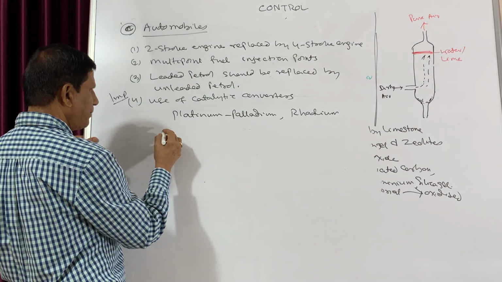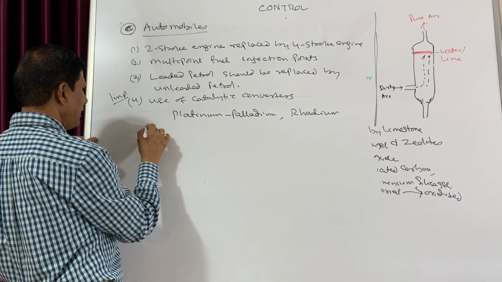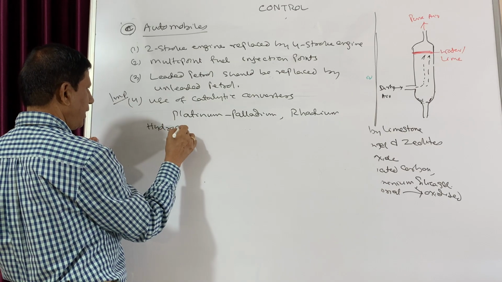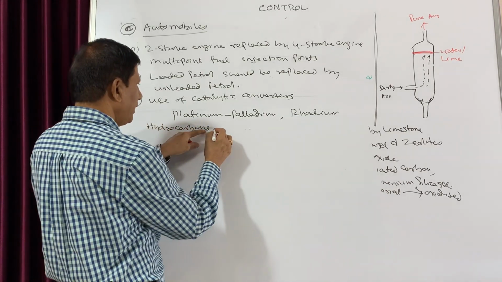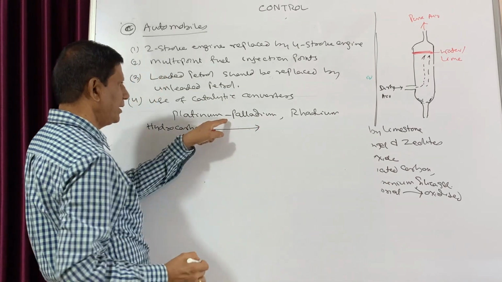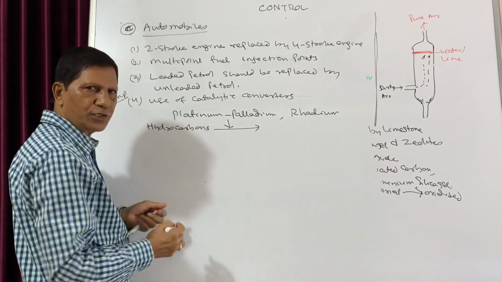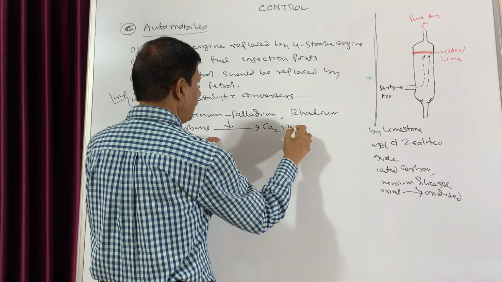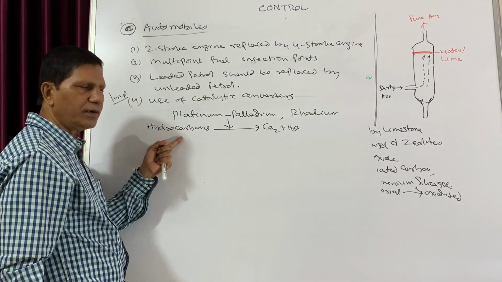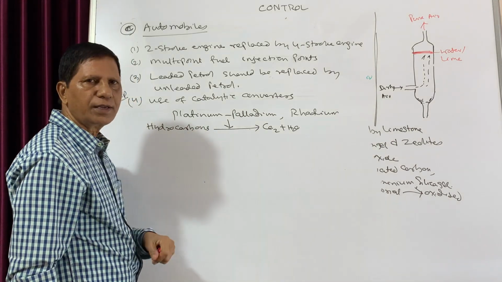Suppose we take the case of hydrocarbons. The hydrocarbons are released from the automobiles. When they pass through these converters, they will be converted to carbon dioxide and water. That means the pollutant is now converted to carbon dioxide.